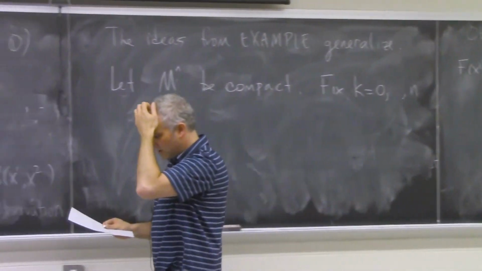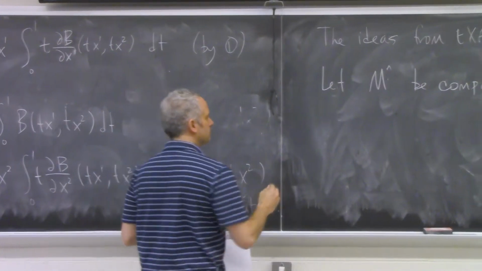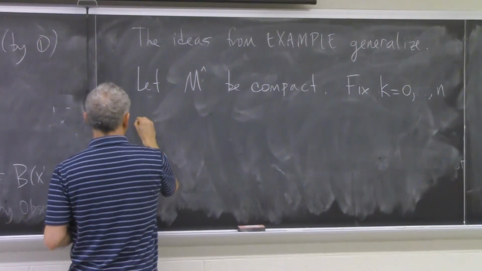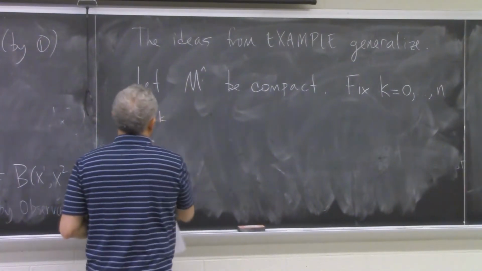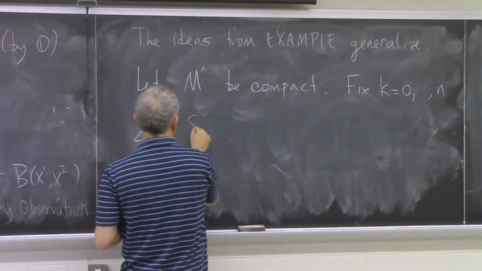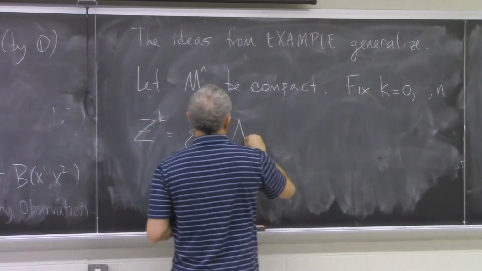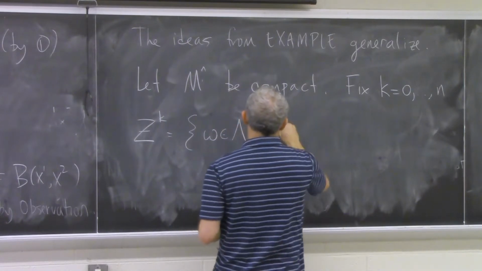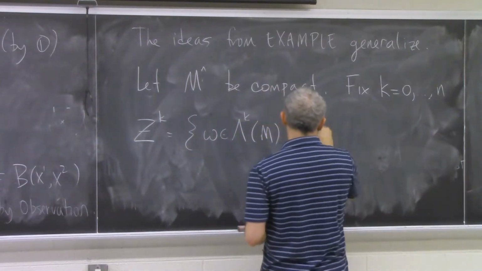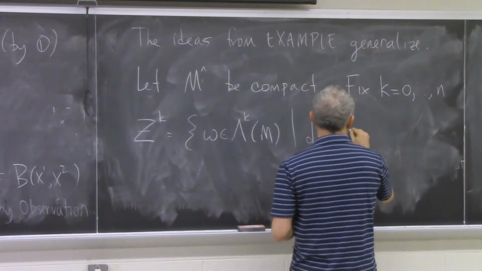We'll call that k. And now we're going to define the following. We're going to define Z^k to be the set of k-forms on M such that d of them is equal to 0.